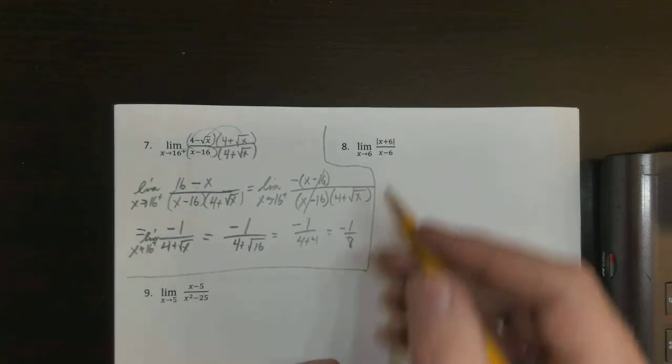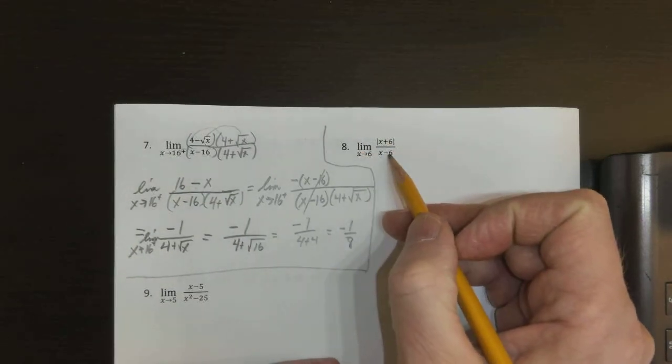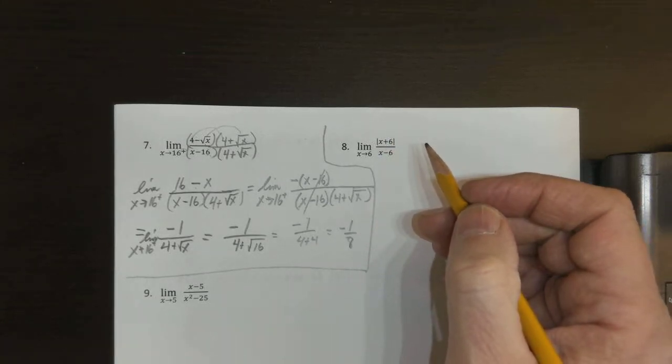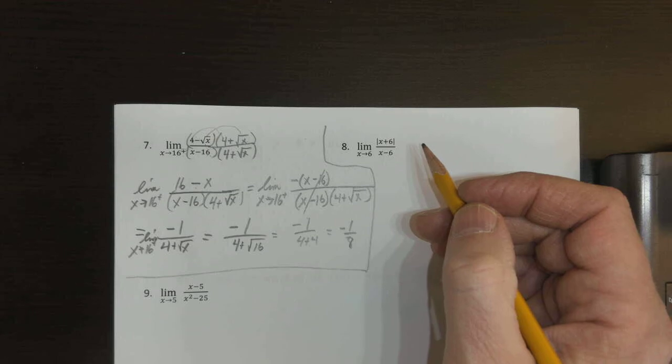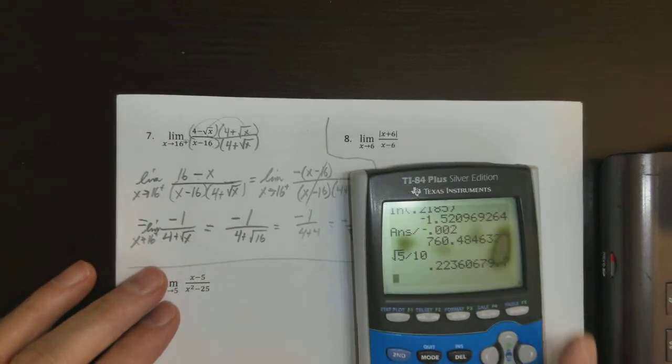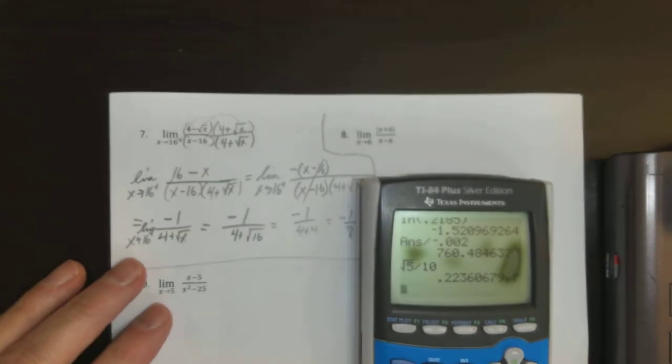Number 8. The limit as x approaches 6 of the absolute value of x plus 6 over 6. Okay, sometimes we can choose to look at the graph, and this might be one I choose to look at the graph on.